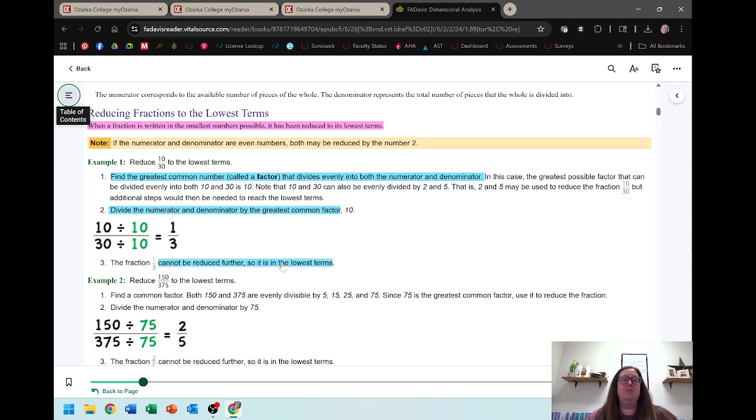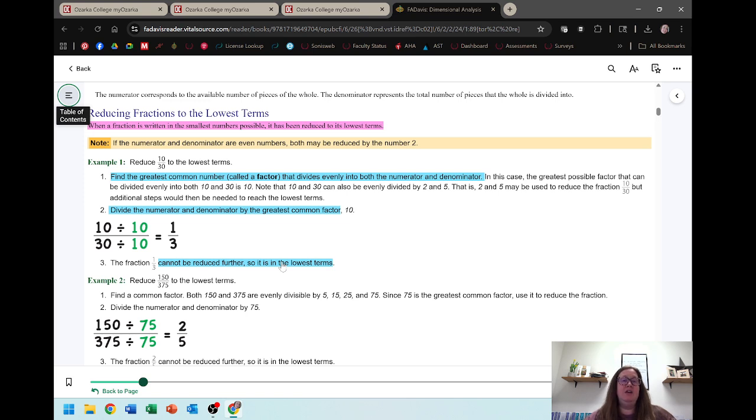So if the numerator and the denominator are even numbers, then we know that we can reduce each of those by 2 at least. And so what you can do is you can find the greatest common factor that divides evenly into the top number and the bottom number, the numerator and the denominator, and you just keep reducing and reducing until you can't anymore.